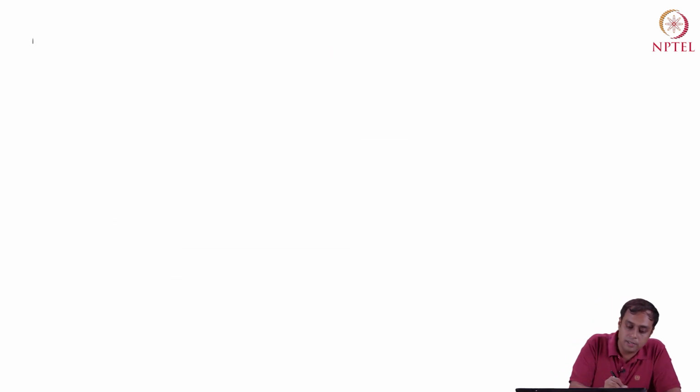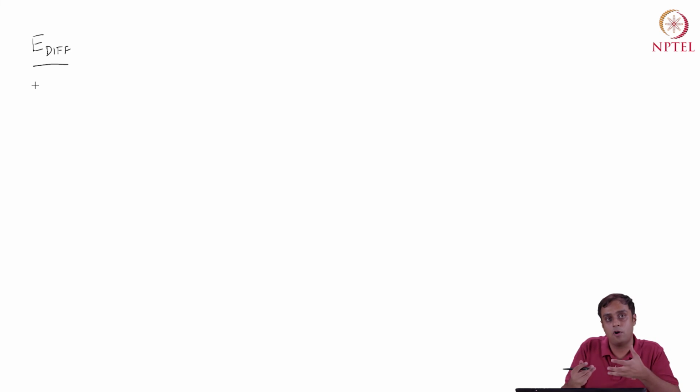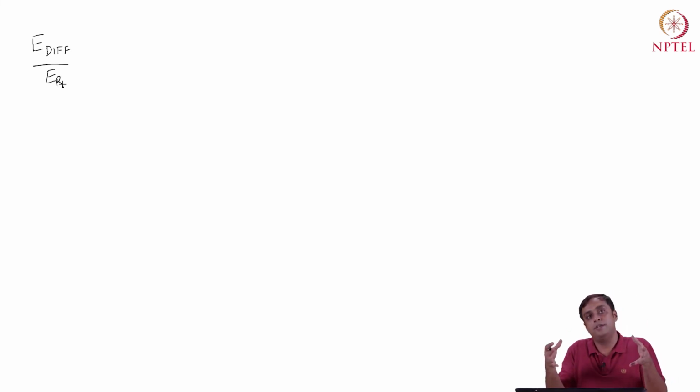So it turns out that I have a functional form for the E diff, which is a difference between a finitely sized linear city and an infinitely sized linear city, and the entropies between the two, normalized by the level of entropy for this finitely sized city.